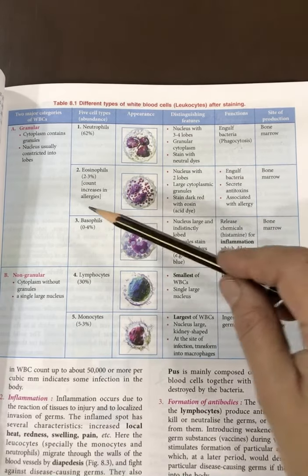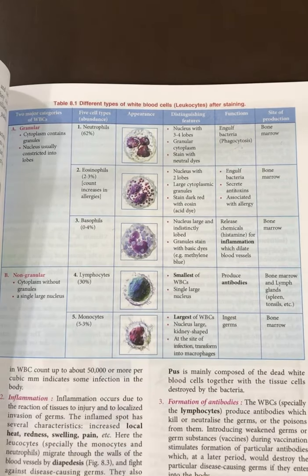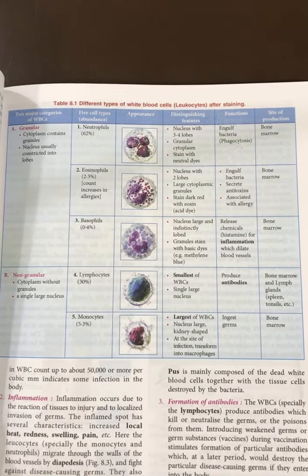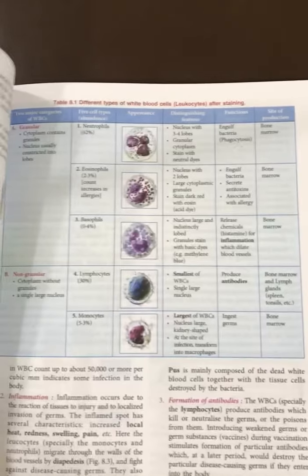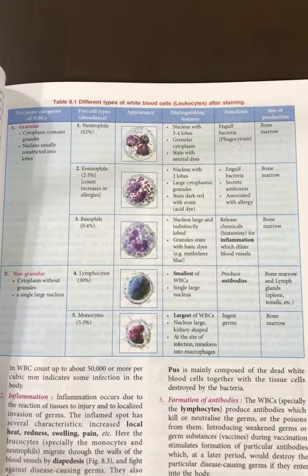And the second type of granulocytes is eosinophils. They are about 2 to 3%. And their count or their number increases in case of allergies. And they have a nucleus with 2 lobes. Large cytoplasmic granules are there and stain dark red with eosin.